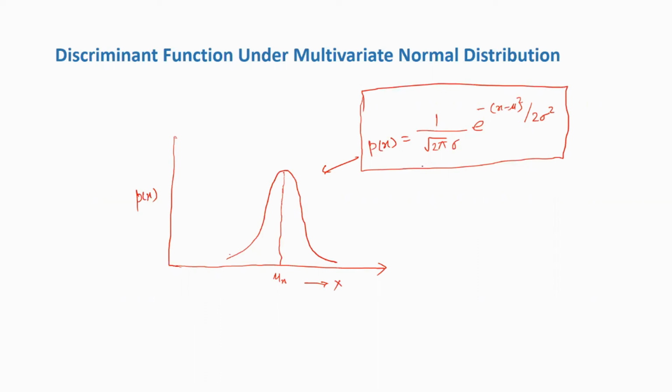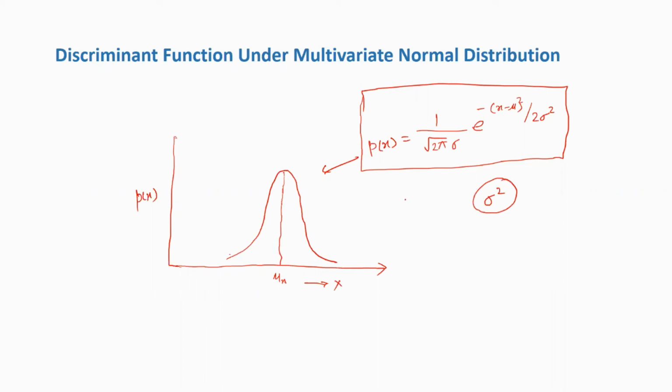From here we can say that the spread of the data is explained by this sigma square.